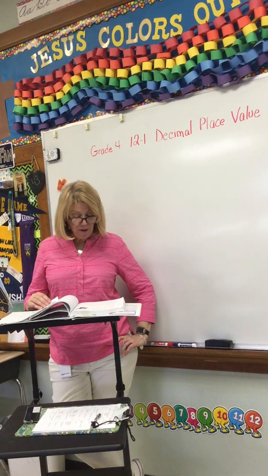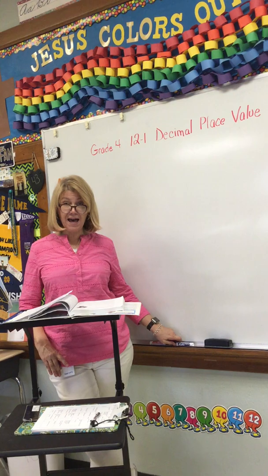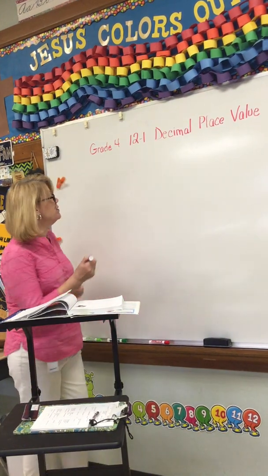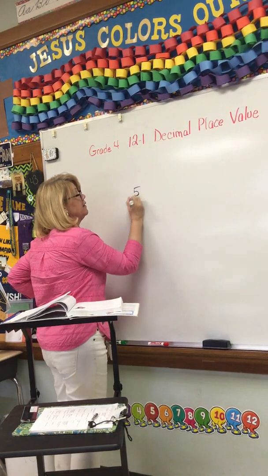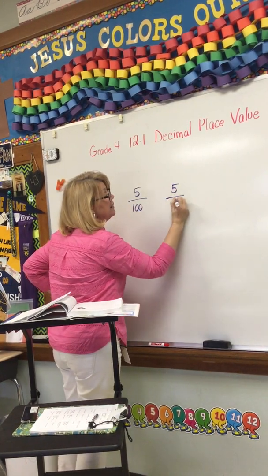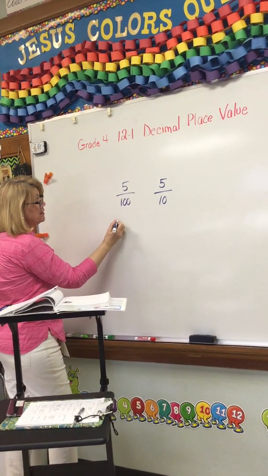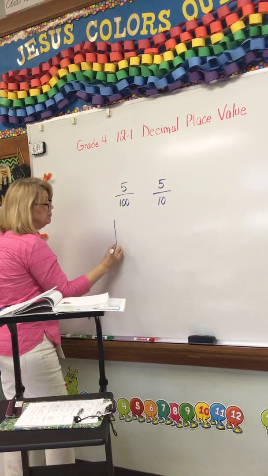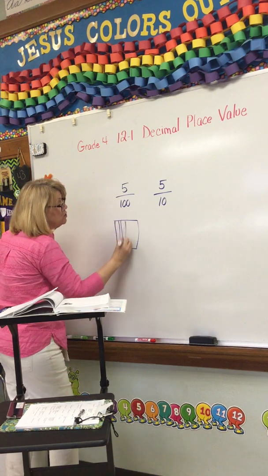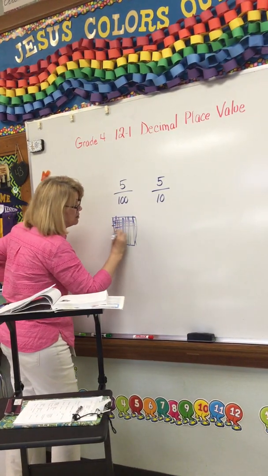Number 12, 5/100ths is less than 5/10ths. Let's look at this real quick. 5/100ths and 5/10ths. Say I had a pizza and it was cut into 100 slices. Now this really isn't 100, but we'll pretend.